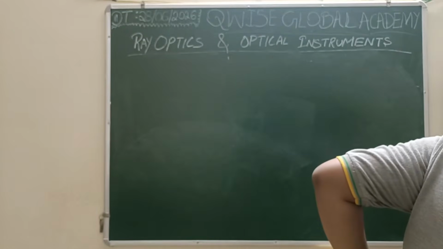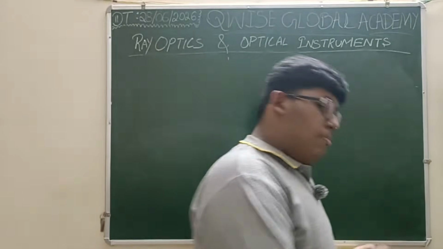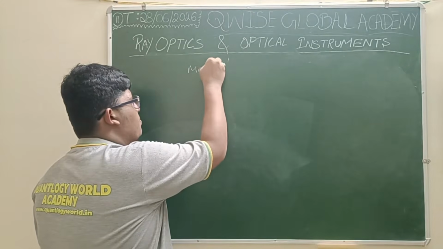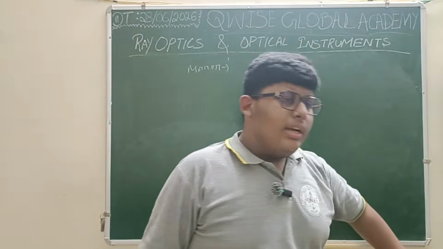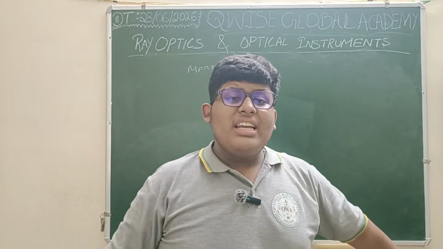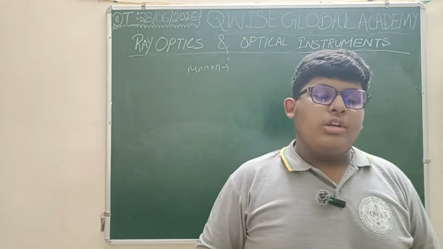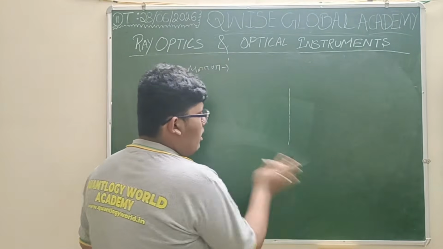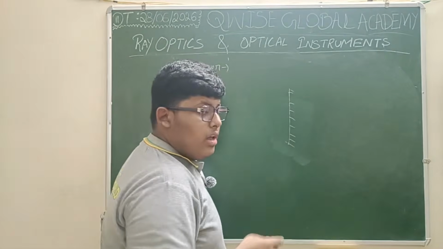Next is mirror. What is mirror? A highly polished and highly reflecting surface whose one side is silver polished is called a mirror. Let's say this is a mirror.